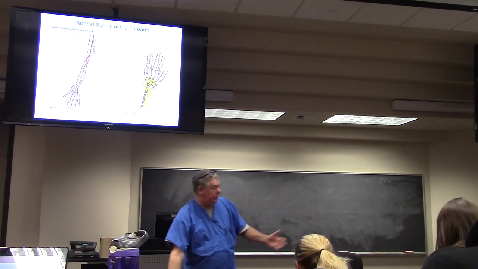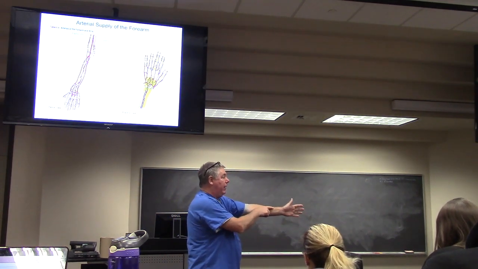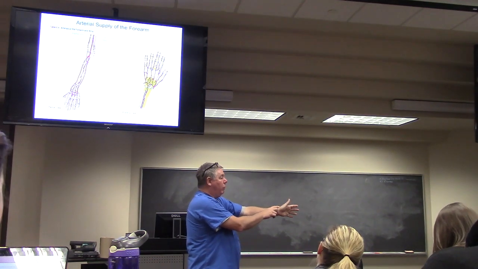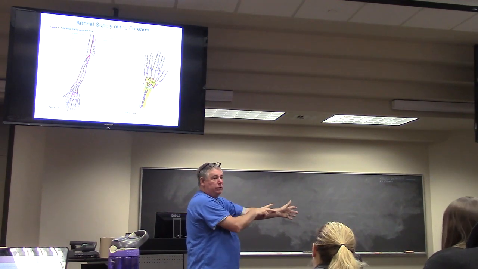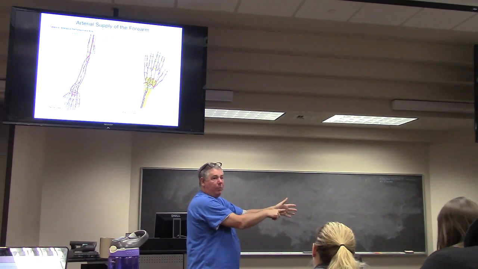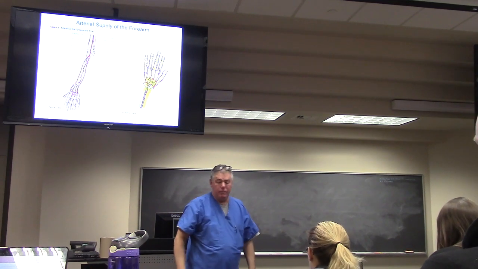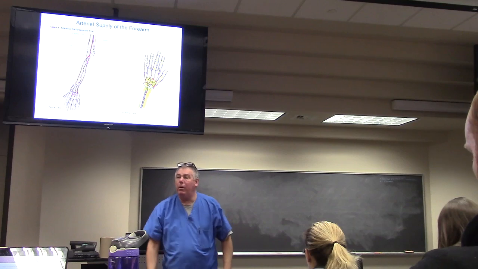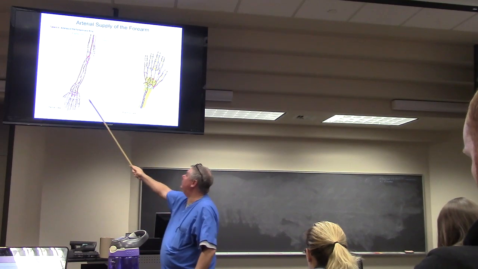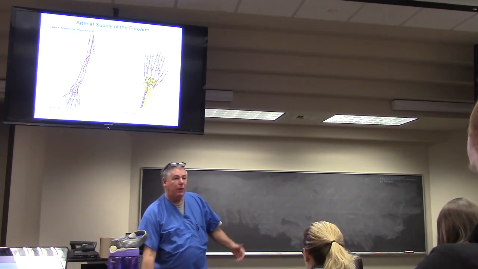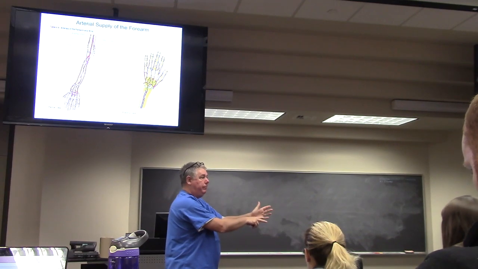The deep branch, as the radial artery comes down like this, will wrap around the thumb. The superficial branch just goes right into the palm. The ulnar artery also has a superficial and deep branch, but they both occur in the palm.